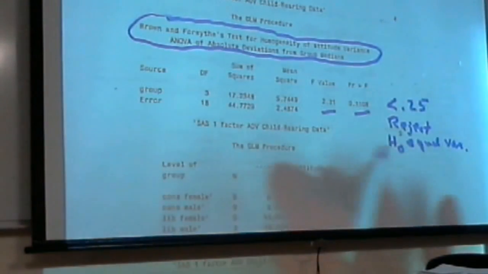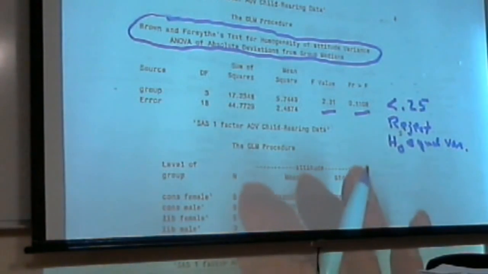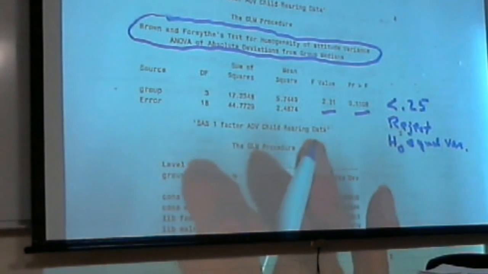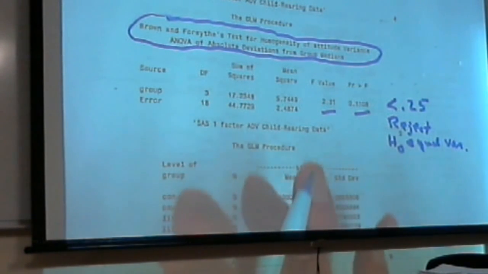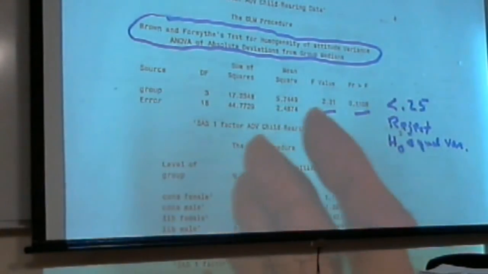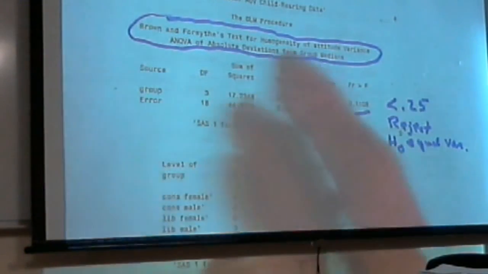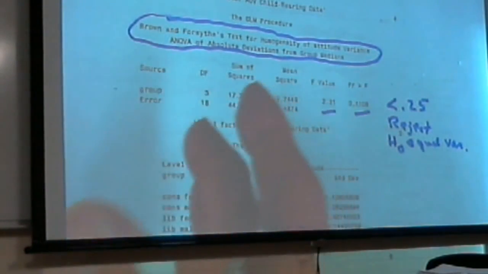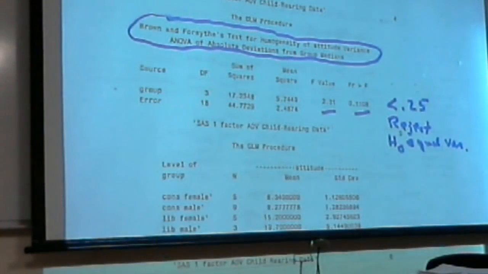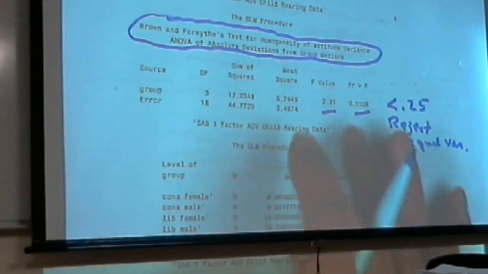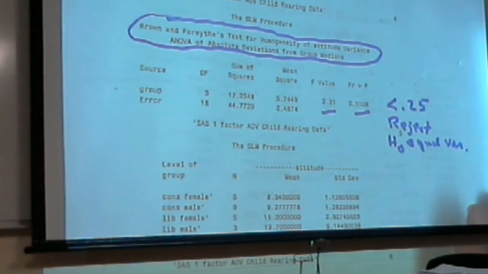So that's what SAS gives us, and that's matching pretty much what you saw in my earlier handout about running the means test. We would subtract off the medians, take absolute values, and then do a regular analysis of variance table test, and that would be a test of equal variances. So here's what SAS gives us, and it's enough to allow us to do the test.